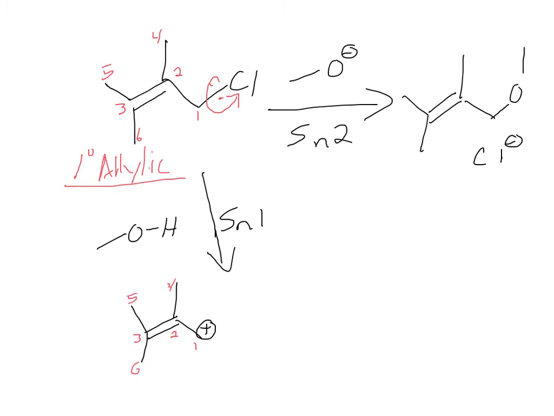Can I draw a resonance structure for this? Hope so. Right, I can move these electrons there, and put a plus charge on carbon 3. So now we have 2 different intermediates, which probably means we can form 2 different products.